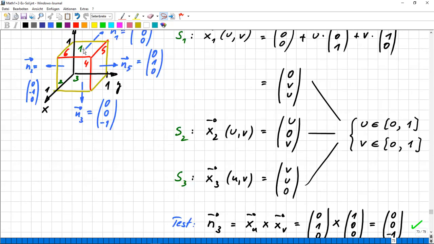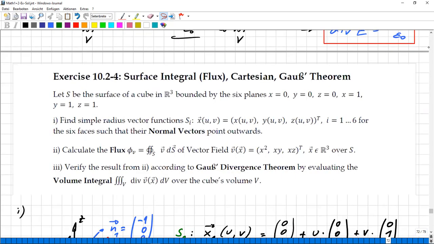Now we are done with this, and then, look here, for the second part, of course, we calculate the total flux, which is formally a double integral over a closed surface of the vector field. As always, we have a differential area vector which points in the normal direction outside, as described, and this is our vector field, as seen before.